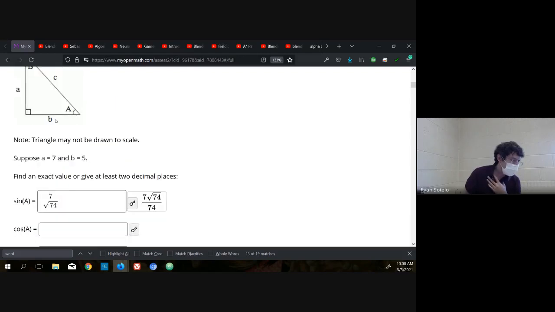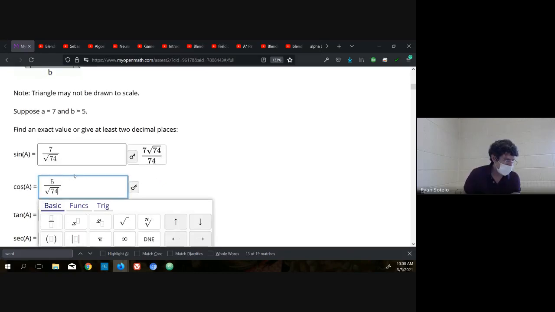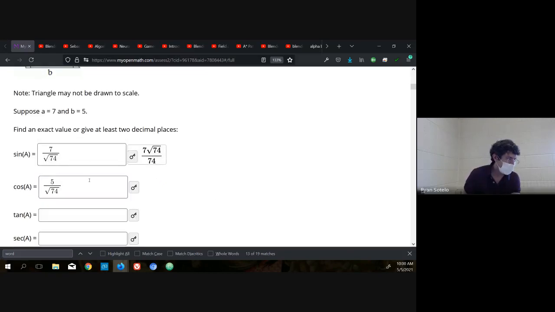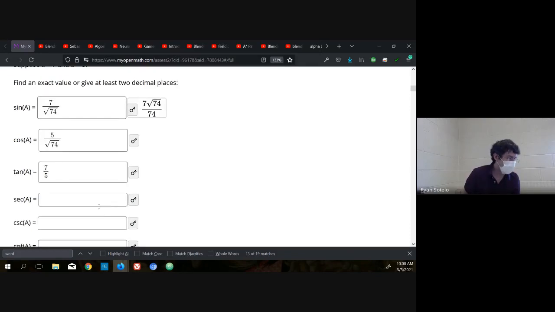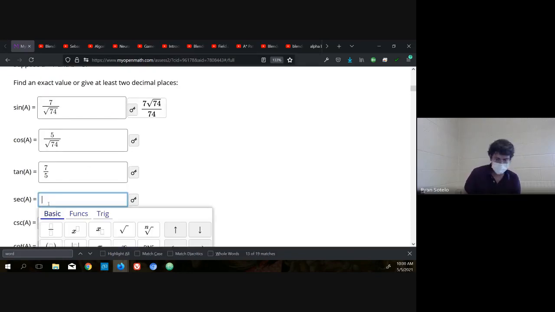Cosine will be adjacent over hypotenuse, so that's 5 over the square root of 74. Tangent will be opposite over adjacent, so that's 7/5. And for the other ones, for secant, you're just going to flip cosine upside down.